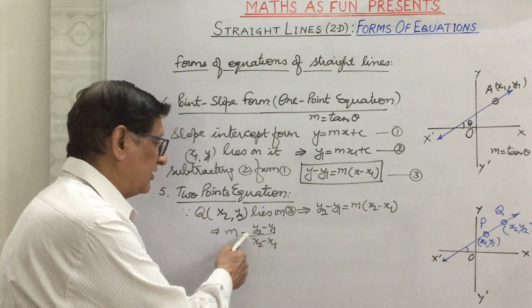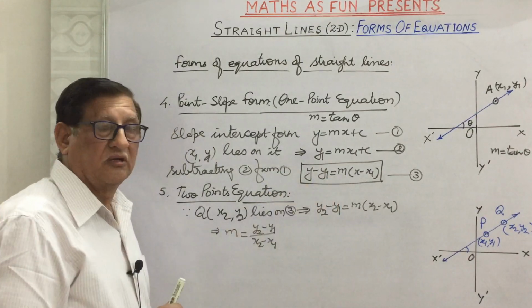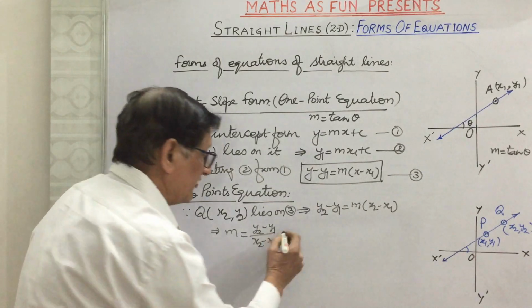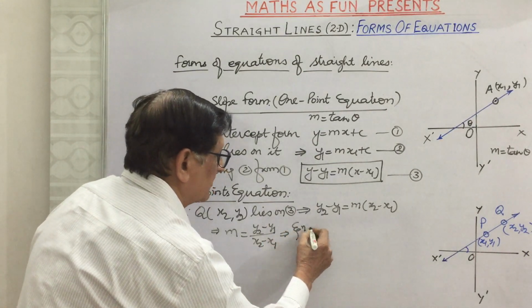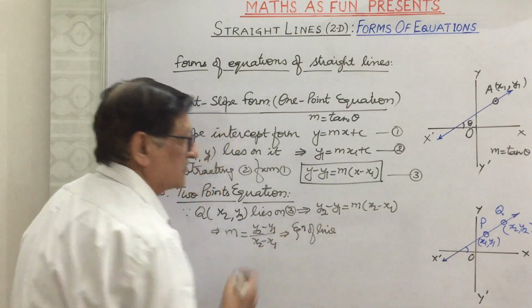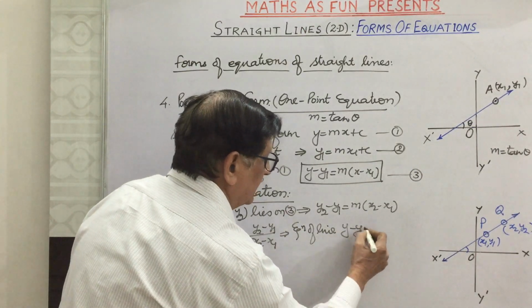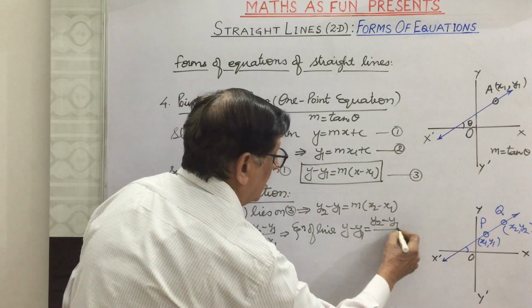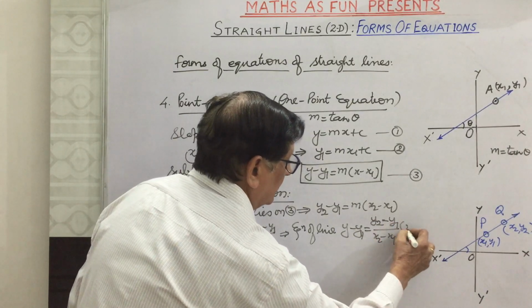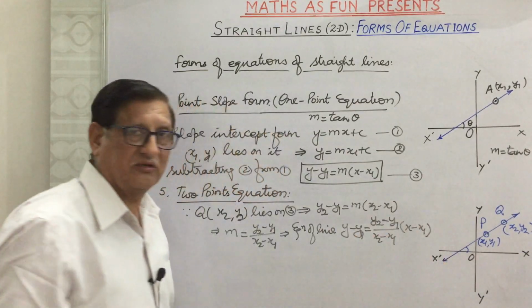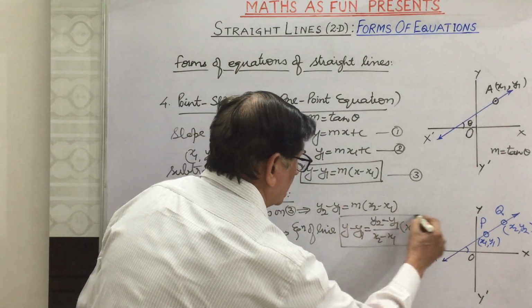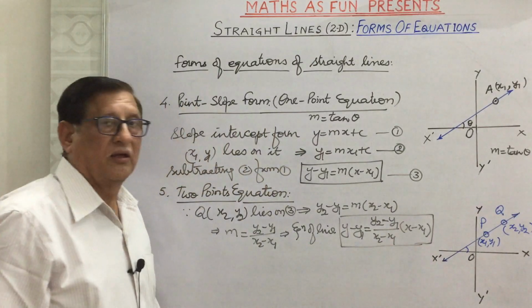If we substitute this value of m in this equation, then we can find the equation of this line or not? Yes. So we can write, therefore the equation of line is y minus y1 is equal to y2 minus y1 upon x2 minus x1 into x minus x1. And this is only known as the 2-point equation of a line.